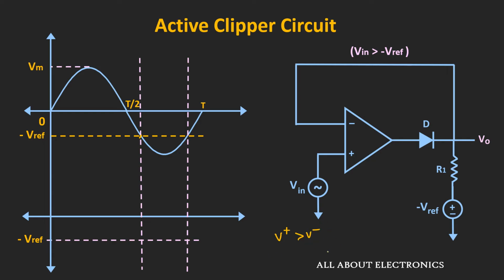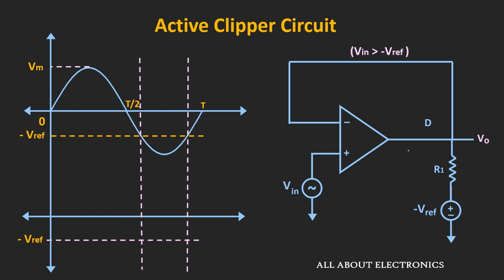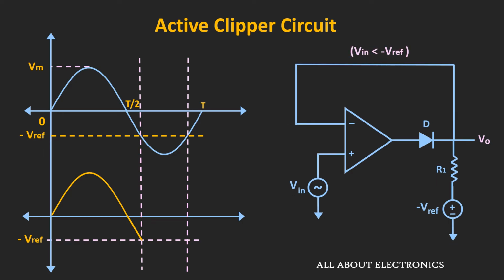So due to that, momentarily, the op-amp will go towards the positive saturation voltage, and due to that, now this diode starts conducting. So during this period of the signal, now the output of the op-amp will follow the input signal. And if we see the output waveform during this period, then it will look like this. Now after this point, now the input voltage is less than the reference voltage.